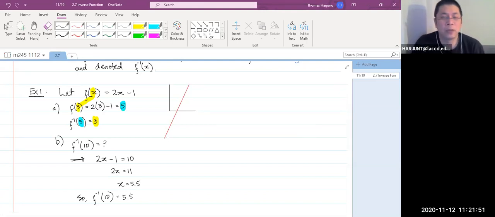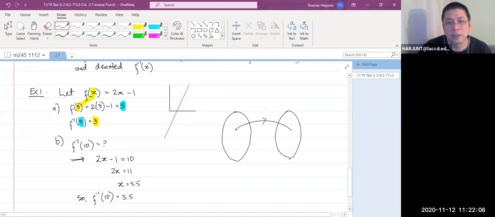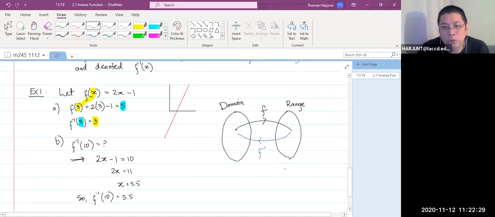Now from here we see some phenomena, and this phenomena is actually very important. The domain of the one-to-one function f, let's say this is our f, this is the domain, and this is the range. Now, what I said earlier, the inverse function f inverse has the domain equal to the range of f(x).